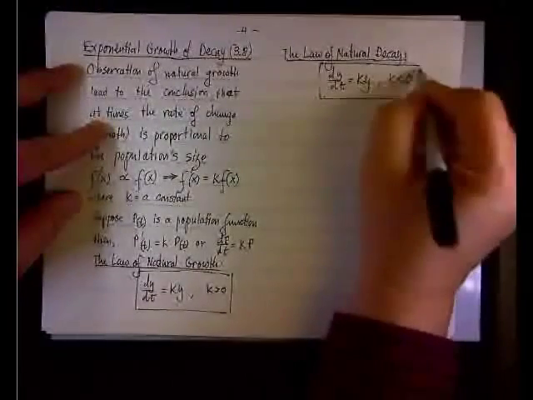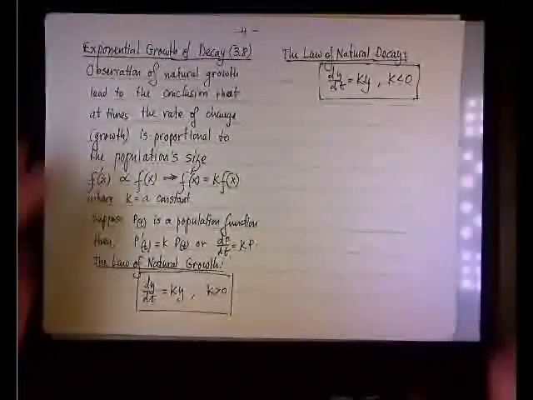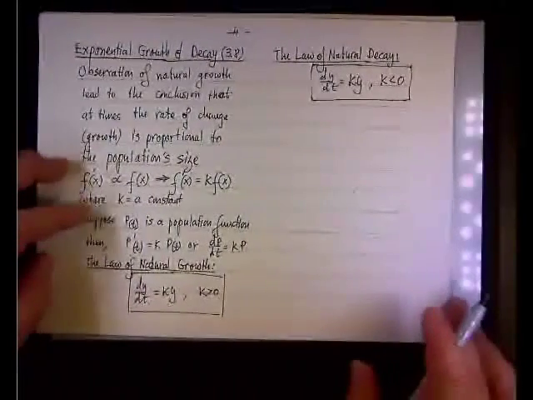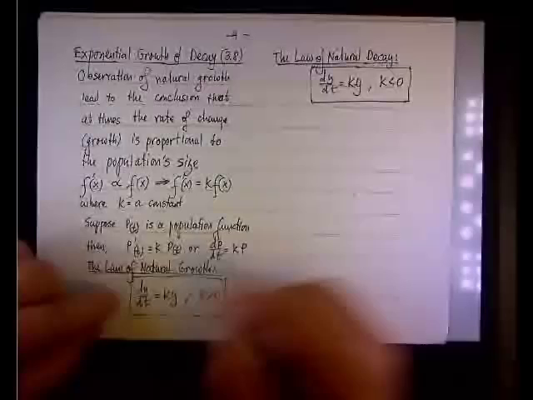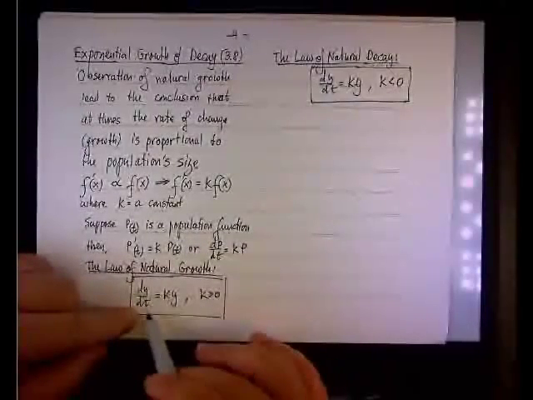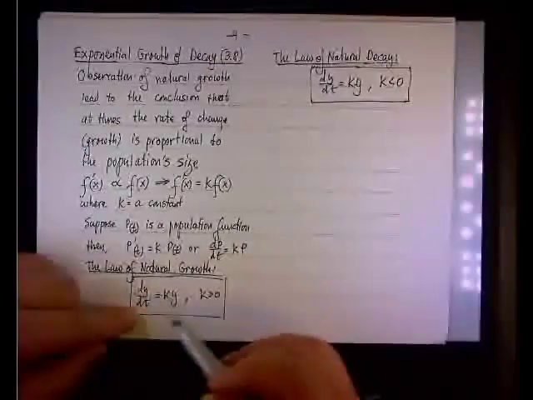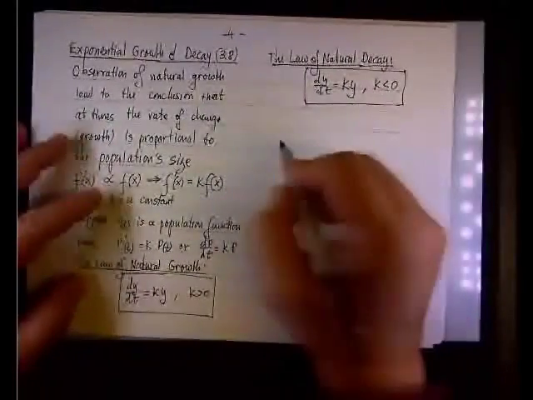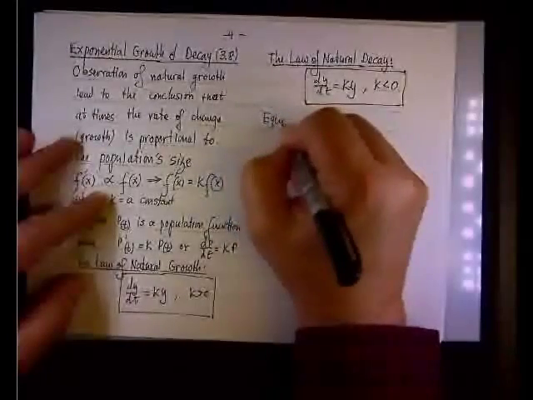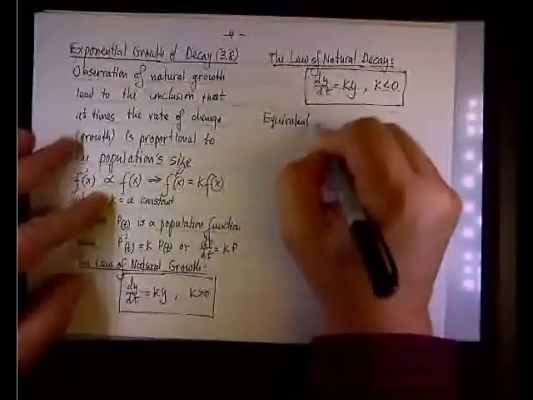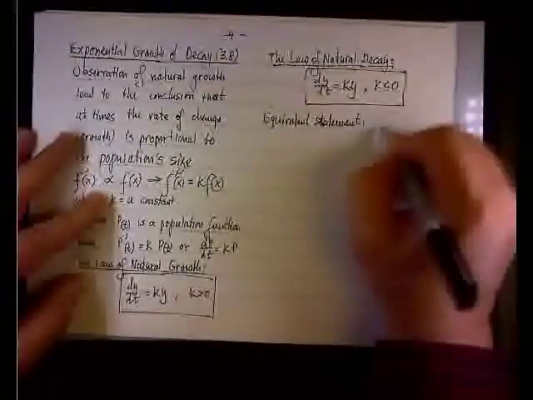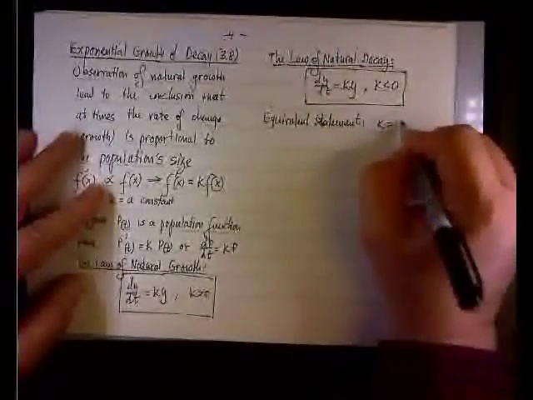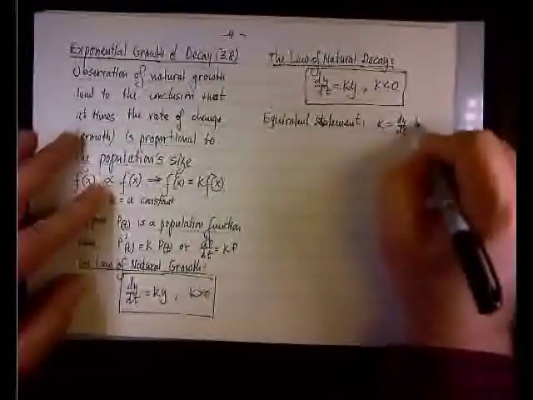Does this start looking familiar to you? Okay. I can write it in terms of k. Because of this relation, k will be dy/dt divided by y, or an equivalent statement is that k equals dy/dt times 1 over y.